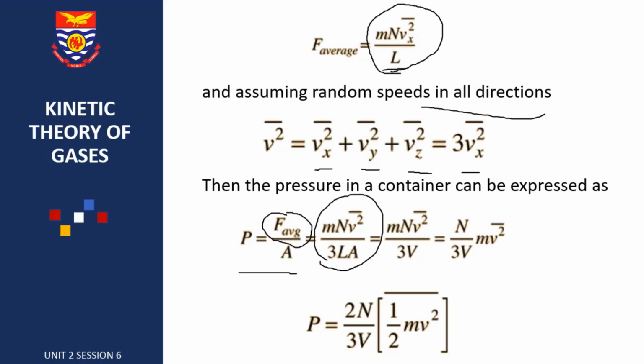The 3 comes in because we are assuming random speed in all directions.